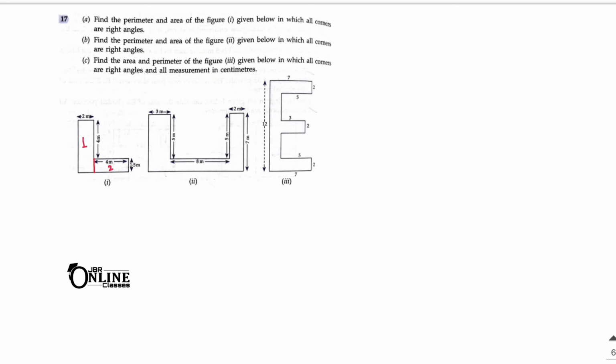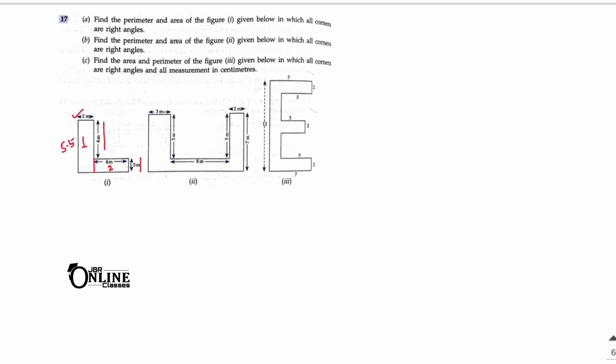So in the first rectangle here, the breadth equals 2 meters, and here the length equals 4 meters plus 1.5. Okay, 4 meters plus 1.5 equals 5.5, because this one is 4 and this one is 1.5. So you can easily find out the area of that portion, as well as the next rectangle.